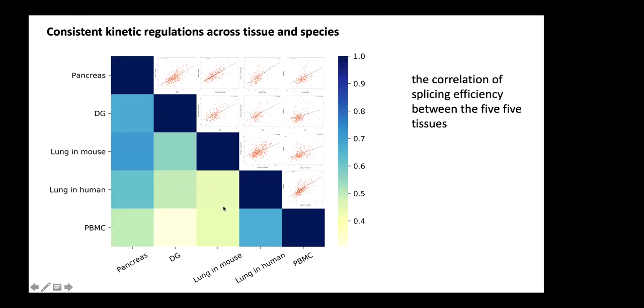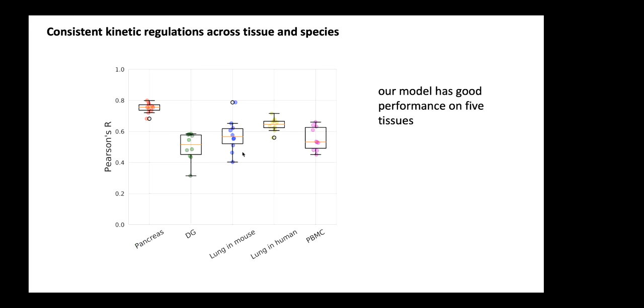We found that the intra-species pairs have higher correlation than the interspecies pairs. That may be due to the evolutionary divergence. Then we further use our model to predict the splicing efficiency from the tissues mentioned above. We found that our model has a good performance on all of them.